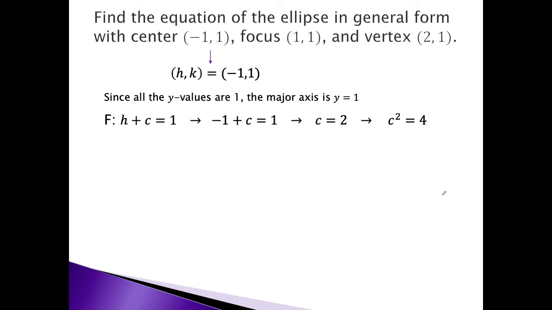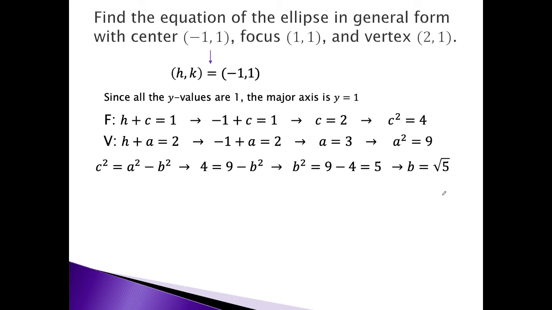Since our focus is H plus C equals 1, we know that H is negative 1, then we find that C equals 2, so C squared equals 4. Since our vertex is H plus A equals 2, then we have negative 1 plus A equals 2. So then A equals 3, so A squared equals 9.